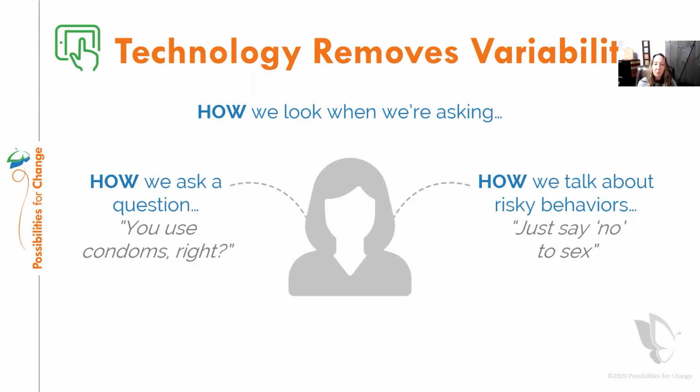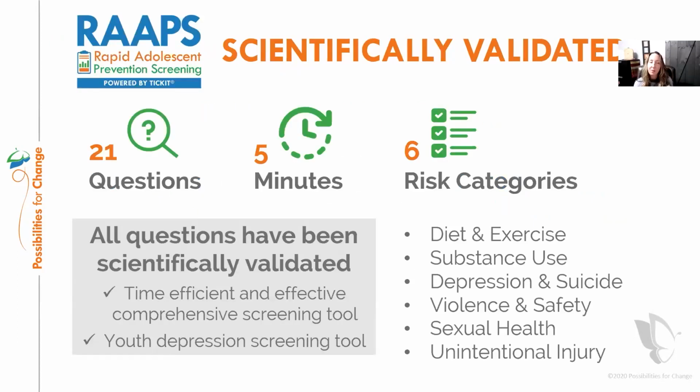So I'm going to share some information on the RAPS technology-based tools so that you have a better understanding of what that looks and feels like, because you may or may not have experienced digital empathy or different ways that questions can be asked.